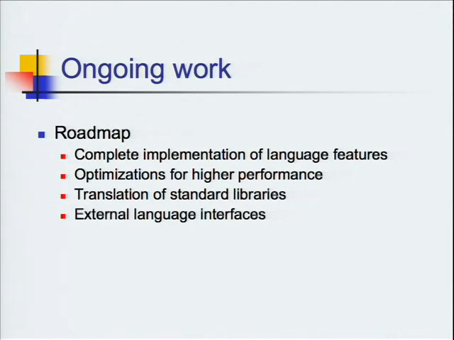Yes? Have you considered not supporting features like exec, eval and base class assignment, or switching compilers? Like if you notice that the programmer is using those features, switch to a more conservative but slower compiler? Interesting point. The question is, have I considered not supporting some features and making a more restricted compiler, which I use in some cases, and using the full-blown compiler when I know that a programmer is using certain features like exec and eval?